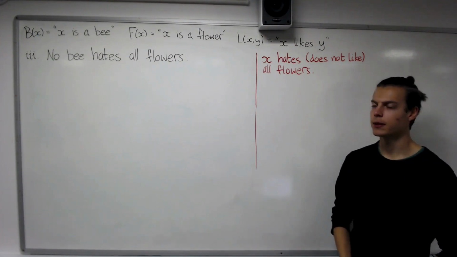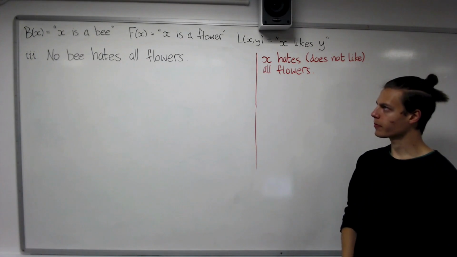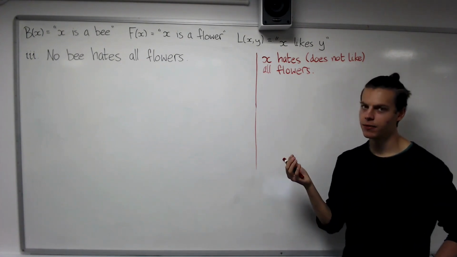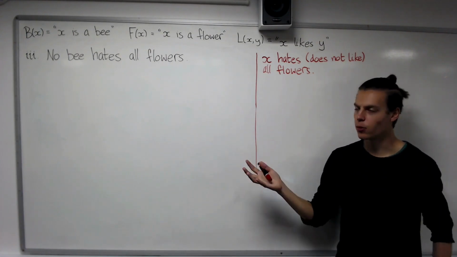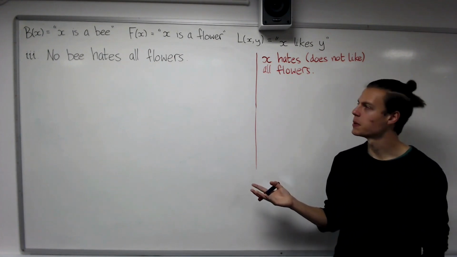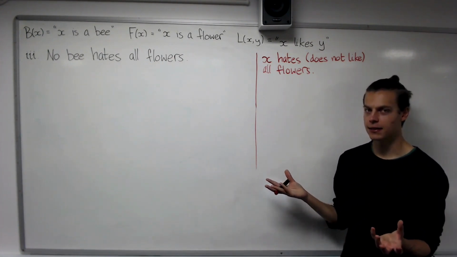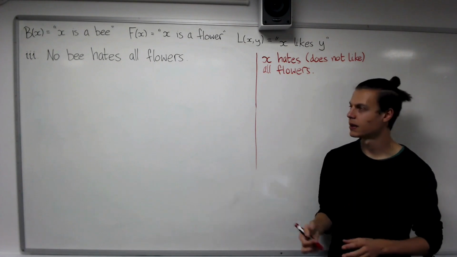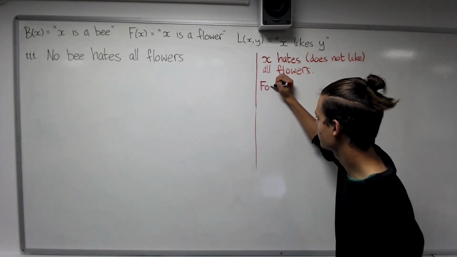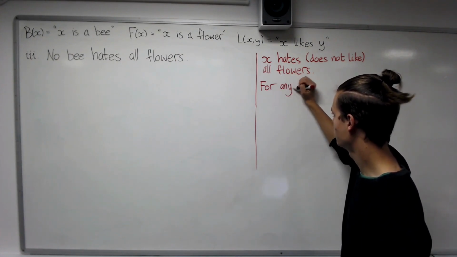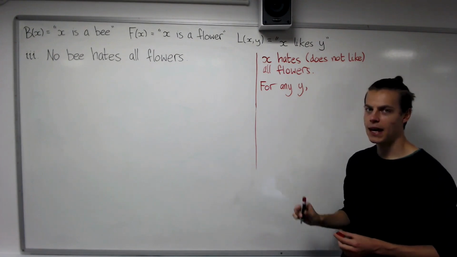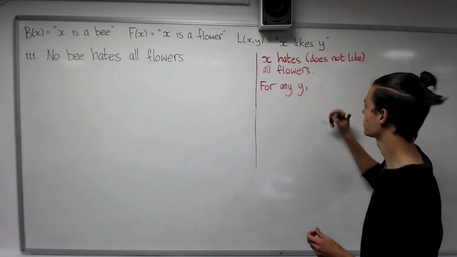X hates all flowers. So we can say for anything y, if this thing y is a flower, then x hates it, x does not like it. So for any y, if y is a flower, then x does not like y.